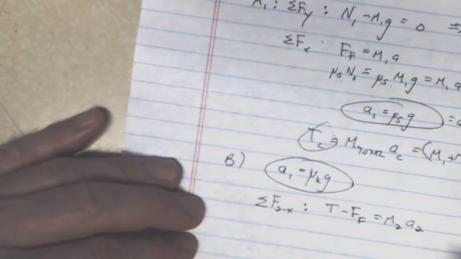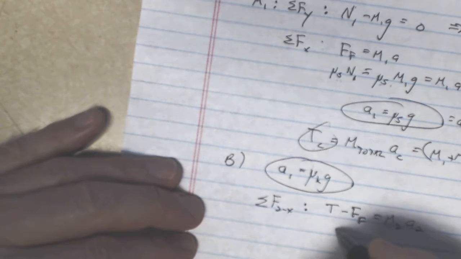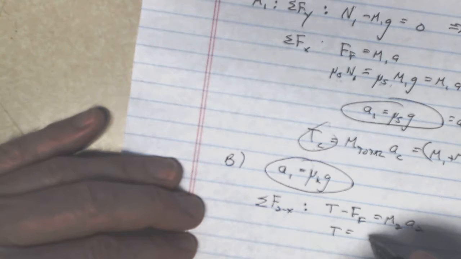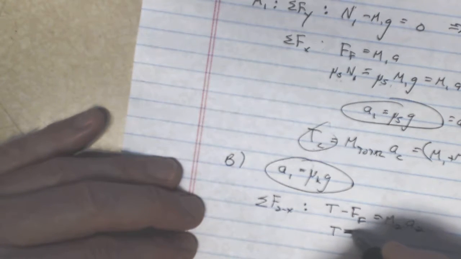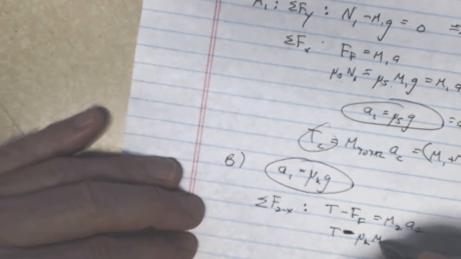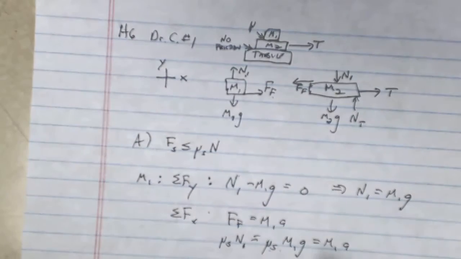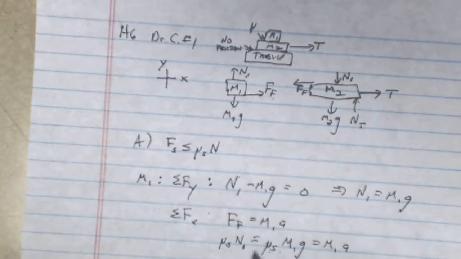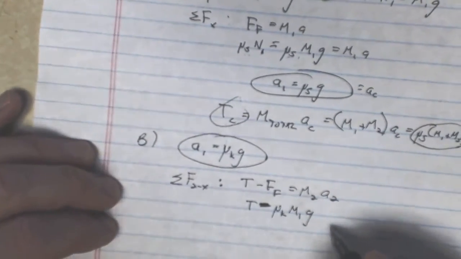And so this then tells me that the tension that we're after is, and I'll have to plug in for the force of friction, the tension will be equal to m2a2 plus the force of friction. The force of friction is mu kinetic now instead of static, m1g. Remember, the force of friction we found up here was going to be mu s m1g, but now the s becomes a k.